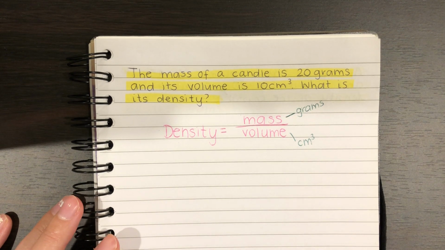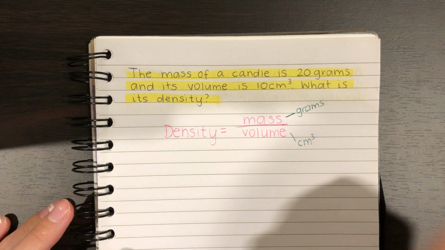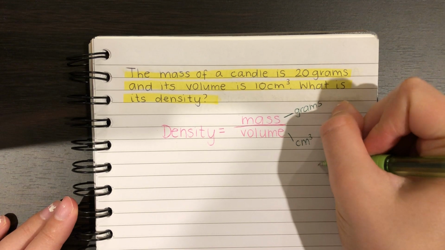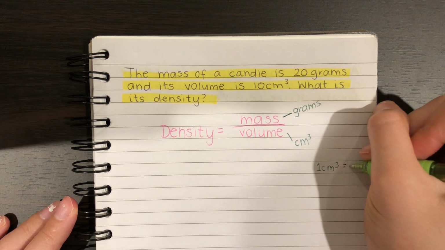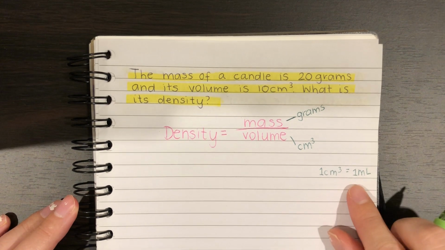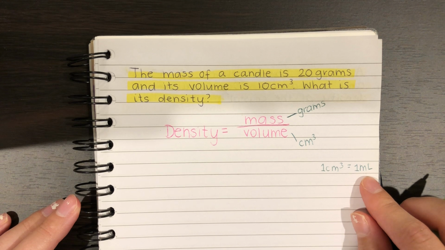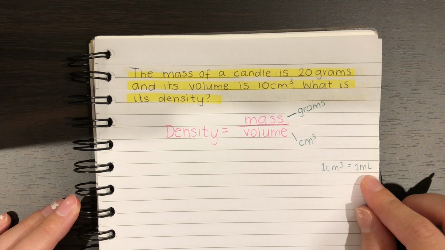centimeters cubed. Okay, now in actual fact, 1 centimeters cubed is the same as 1 milliliter. So milliliter as in measuring a liquid, like having 1 milliliter of water left in your water bottle.